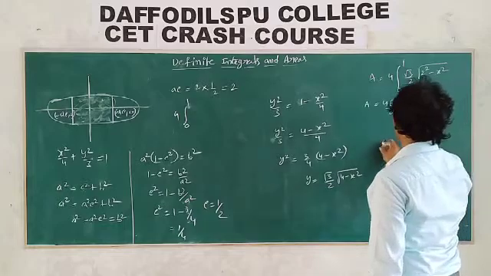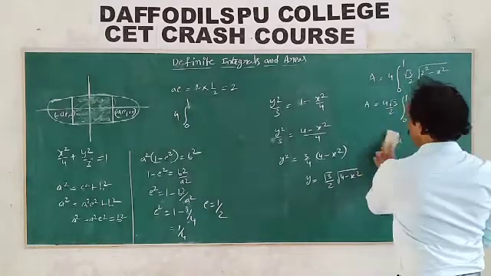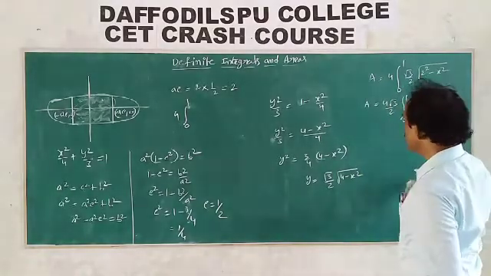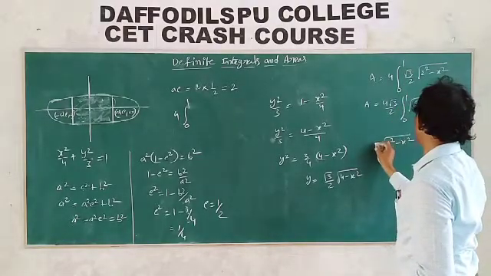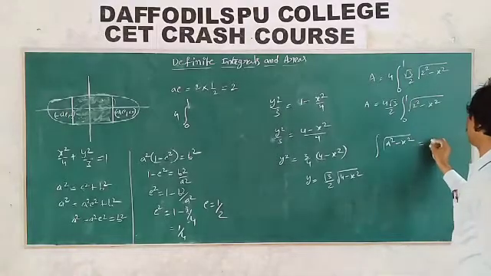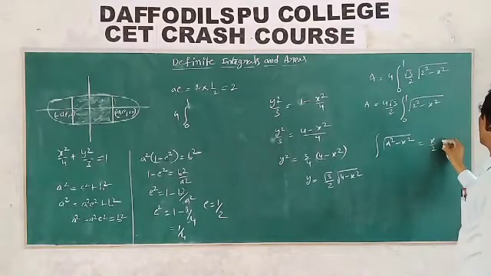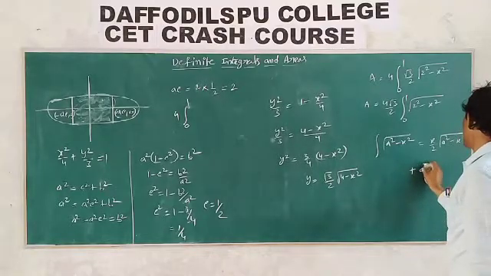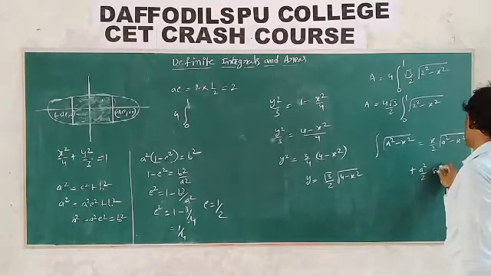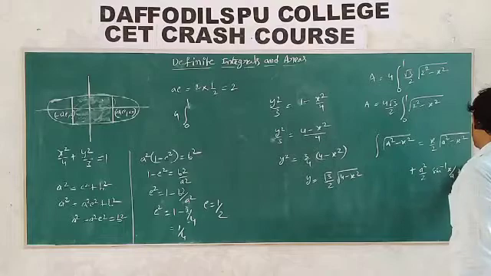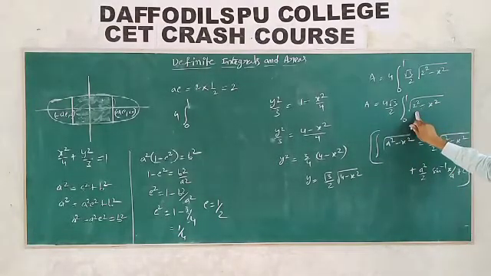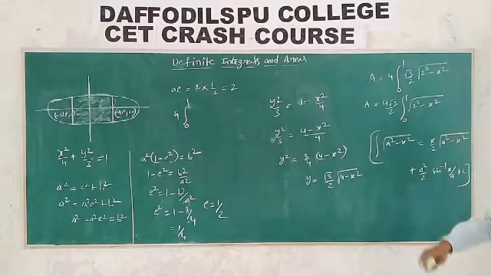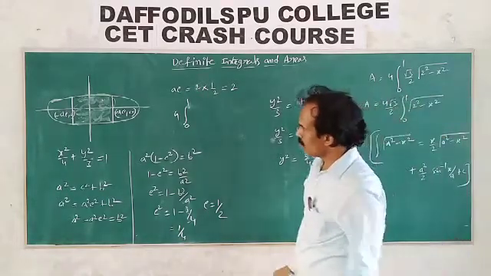You know the formula. Integration of root of a square minus x square is equal to x by 2 root of a square minus x square plus a square by 2 sin inverse x by a plus c. This is the formula for this. Apply this one with a equal to 2, and you get the answer.